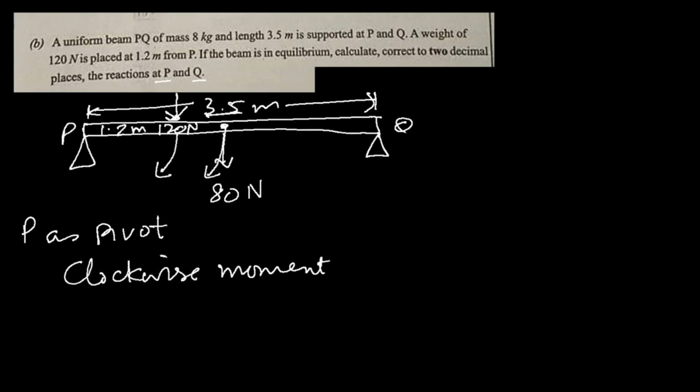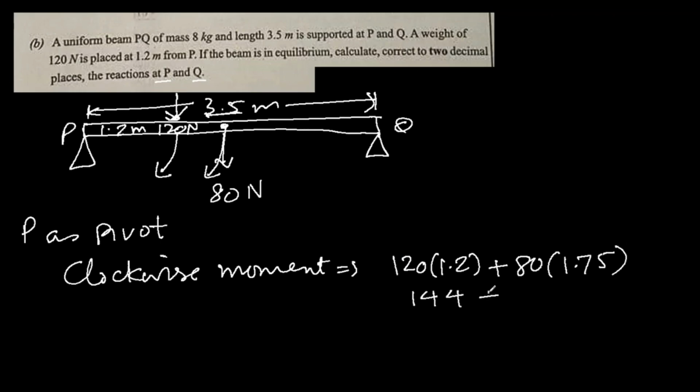These two will have a moment clockwise from P. So they will be how much? 120 times 1.2 meters plus 80 times 1.75, that is half of the length of the beam, which is 144 plus 140, 284 Newton meters.